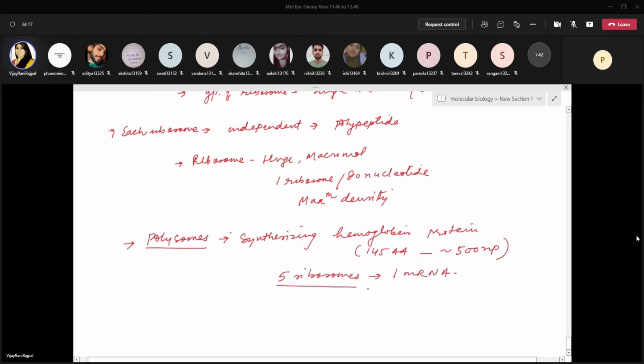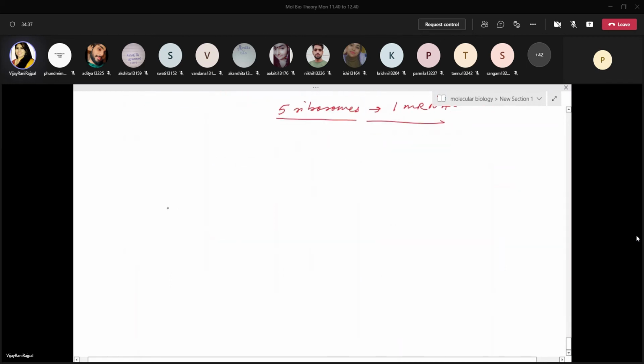So 5 times 80 is 400, so that is the density that has been seen. So these are some general features associated with mRNA. It is obvious to understand this, but I will just make a line diagram.